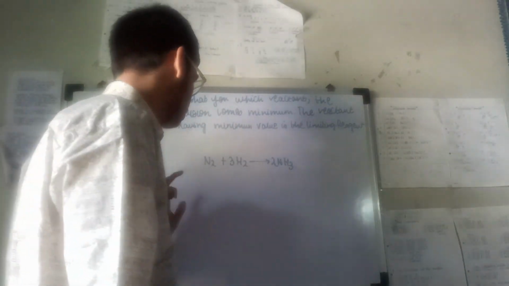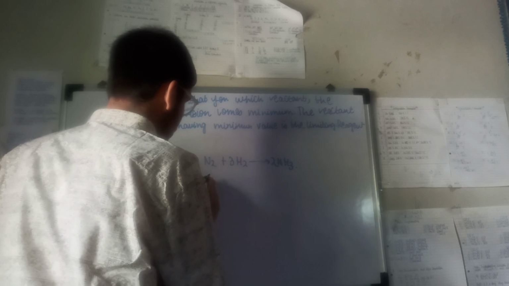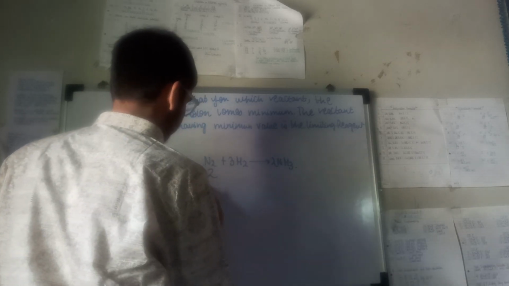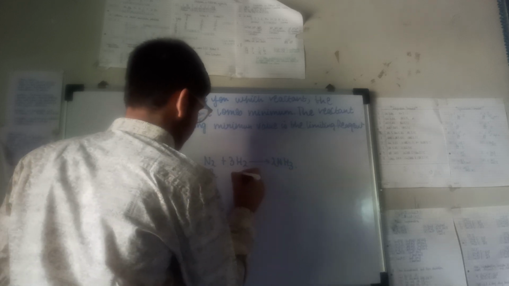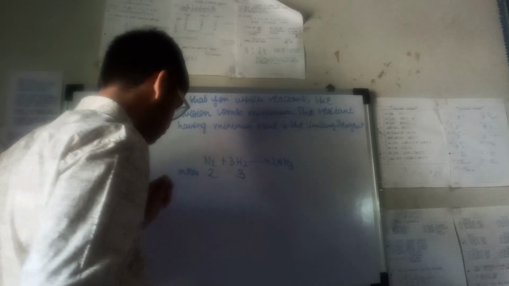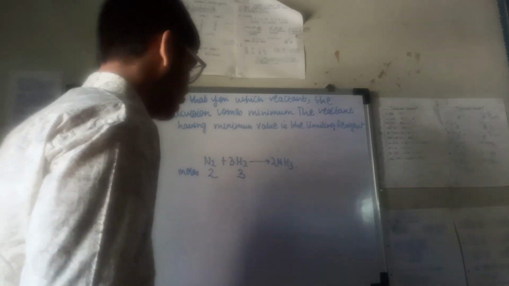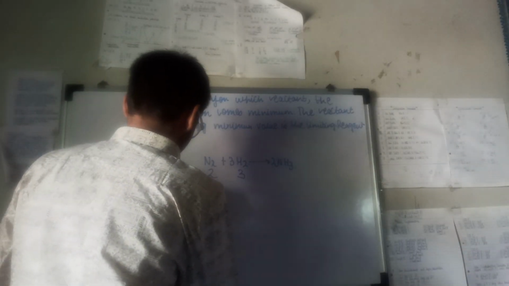So if moles of N2 are 2 and moles of hydrogen are 3, I will divide by stoichiometry coefficient as by first step.